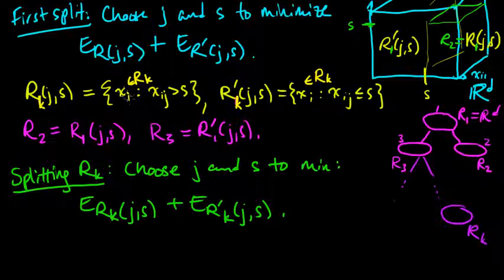In the first case, our R_K was R1, so it was all of R^D. So this agrees with our earlier definition. To be precise, these are points in R_K that are in the data set.